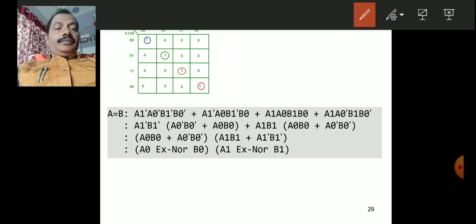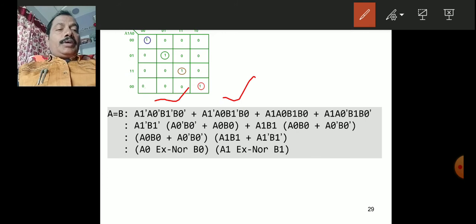If you observe, A1 bar B1 bar is common in these two terms. You take common both of them, you will get in the brackets A0 bar B0 bar plus A0 B0. Next, if you observe the next two terms, A1 B1 is common in these two terms.